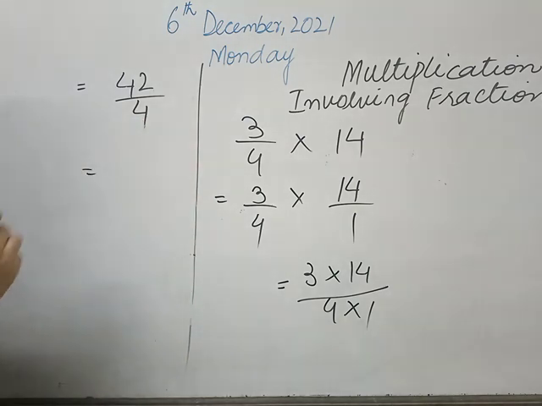Now 42 by 4. As you look class, in the numerator we have 2 at the unit place. So we read the rule of divisibility. If the unit place ends with 0, 2, 4, 6 and 8, the given number is divisible by 2. Fine. As you look in the denominator part, we have only one digit which represents the unit place, which is 4.